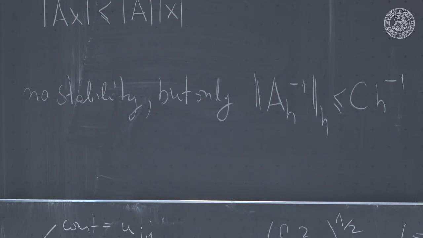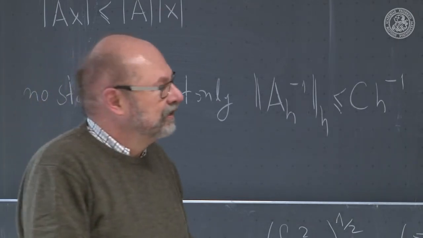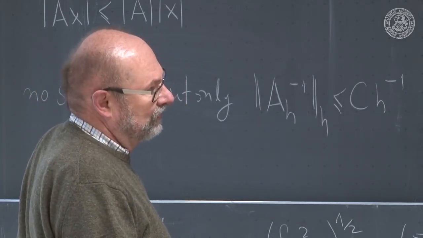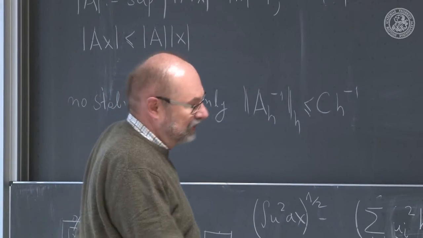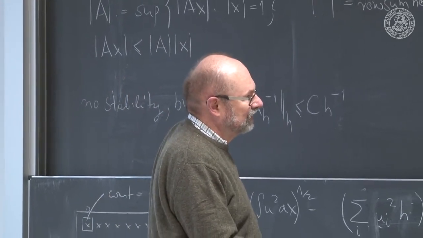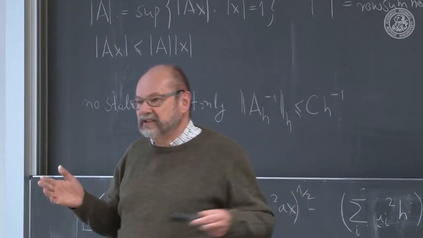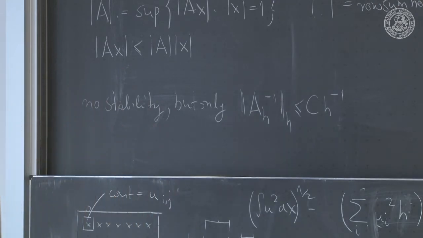What does this mean in the end? So this is the factor 1 here, and for factor 2 is the consistency error here. This one here. And there we had constant times h squared. So what does that mean?